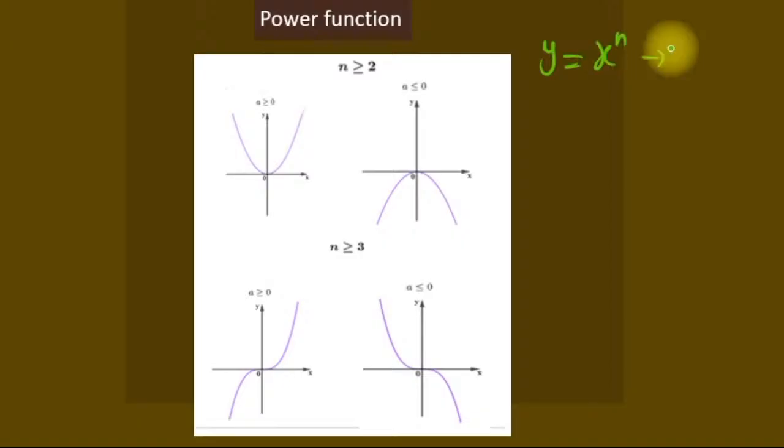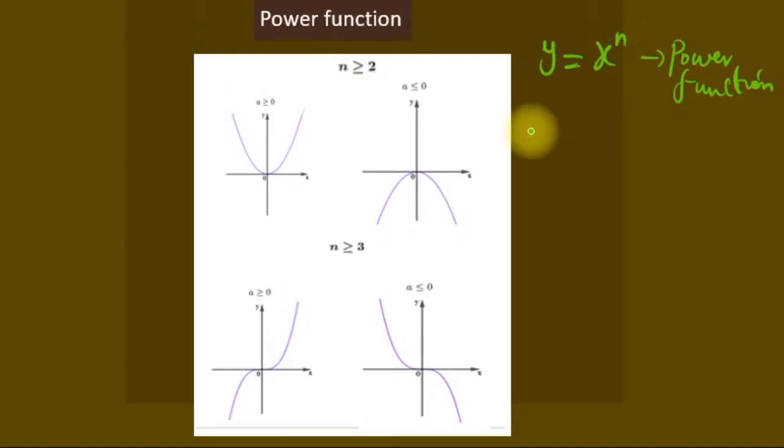So this is a power function. It depends: if n is an even number greater than or equal to 2, we have the first graph.